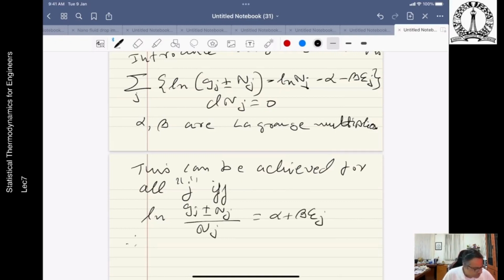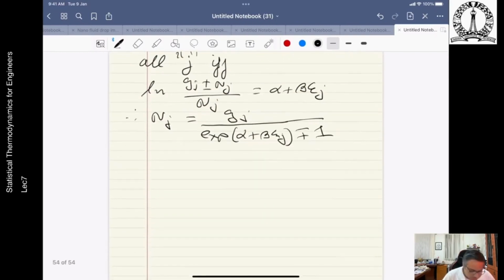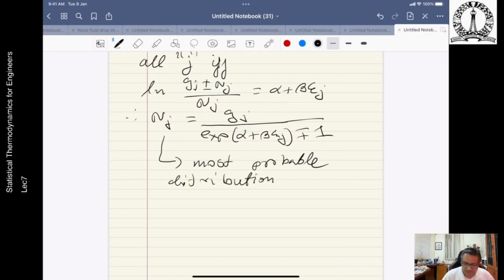Okay, so therefore nj is equal to gj divided by exponential of (alpha plus beta ej) minus plus 1. So this will be the most probable distribution, and for large N it is the only distribution.